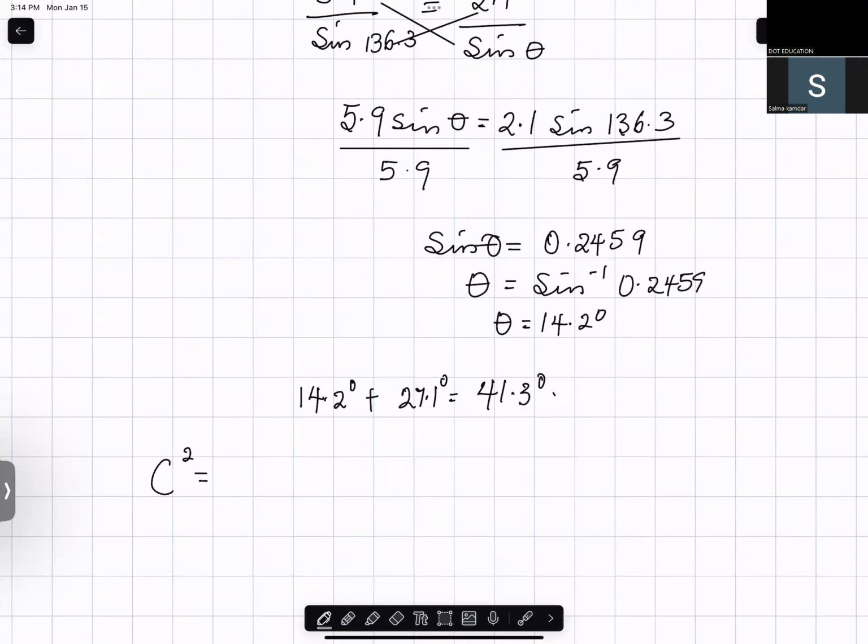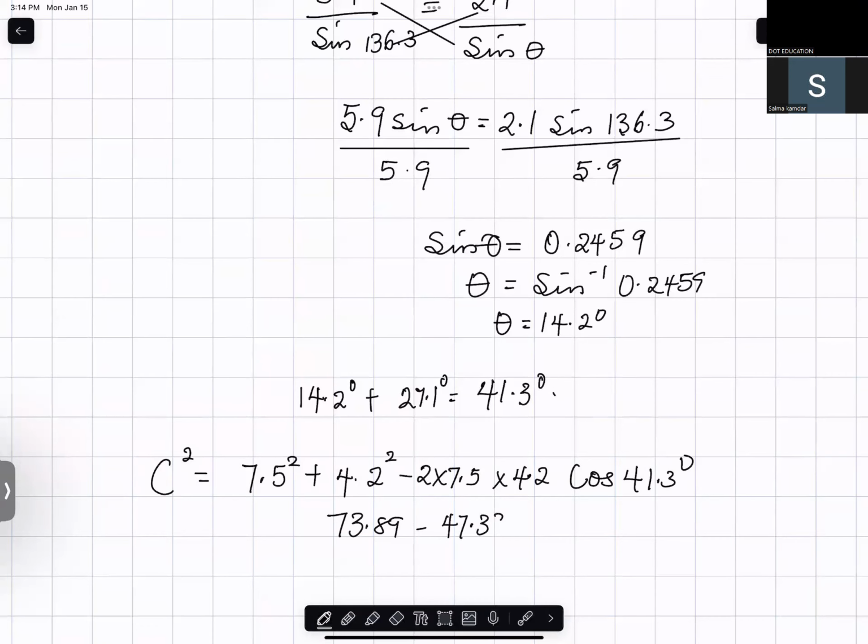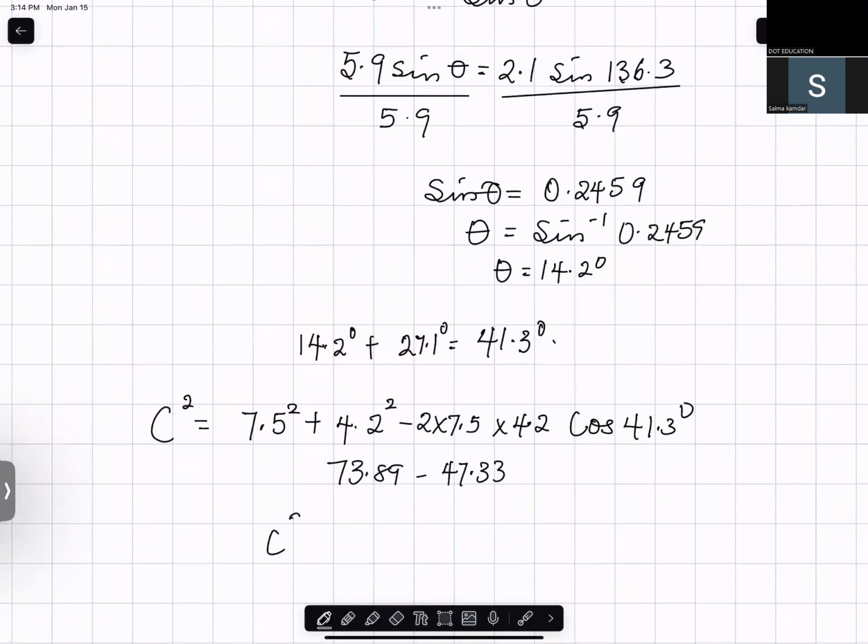Now I can apply my cosine rule to find the length of the diagonal. I have c squared is equal to 7.5 squared plus 4.2 squared minus 2 multiplied by 7.5 multiplied by 4.2 cos 41.3. That gives us 73.89 minus 47.33, so c squared is 26.56.